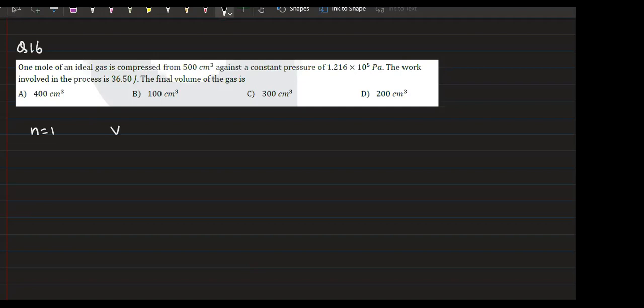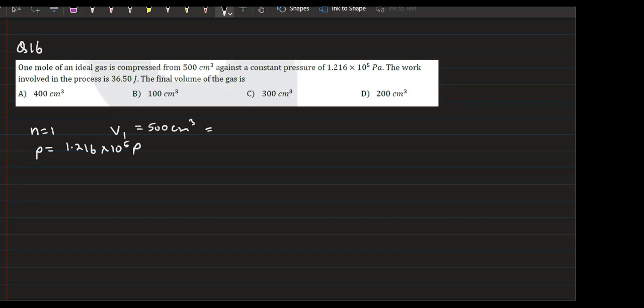From means it is V1. Then we have a constant pressure, so P is constant, which is 1.216 into 10 to the power 5 Pascal. Here we have to convert units.